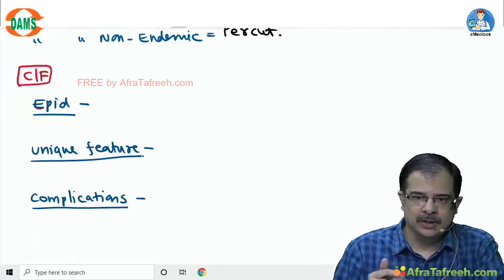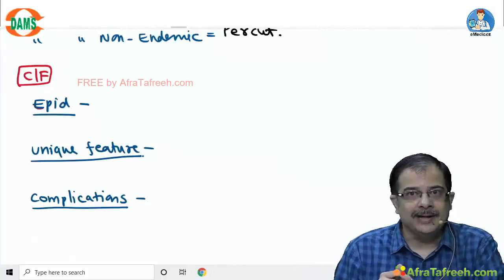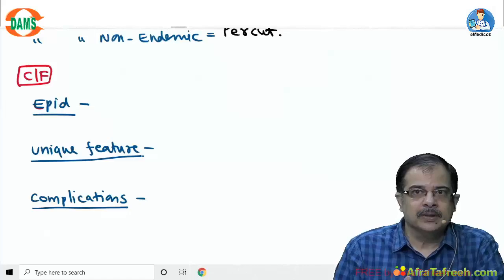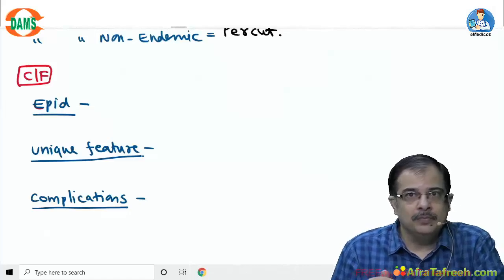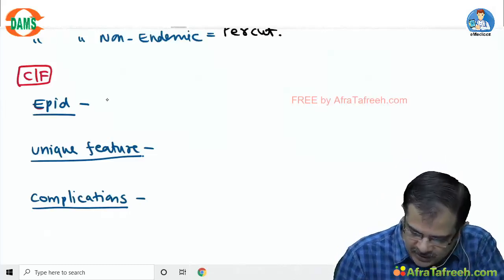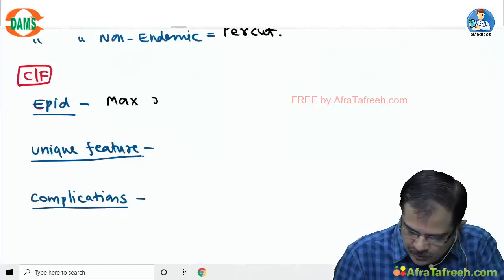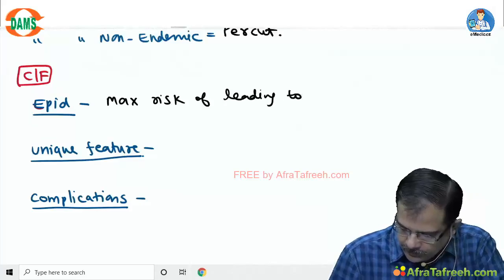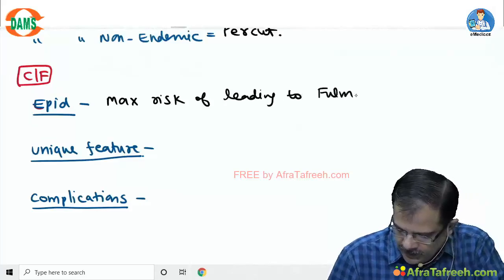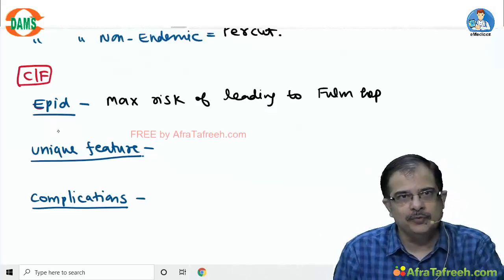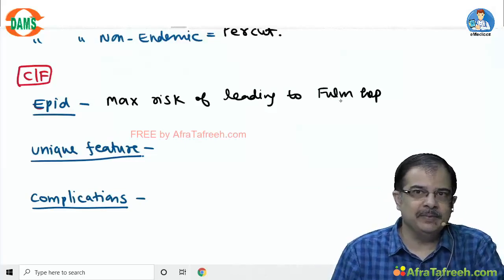What does that mean? Though it is a rare, uncommon virus, once it occurs in any individual, it will cause more chances of fulminant hepatitis. Why is the risk maximum? The reason is in the unique feature.